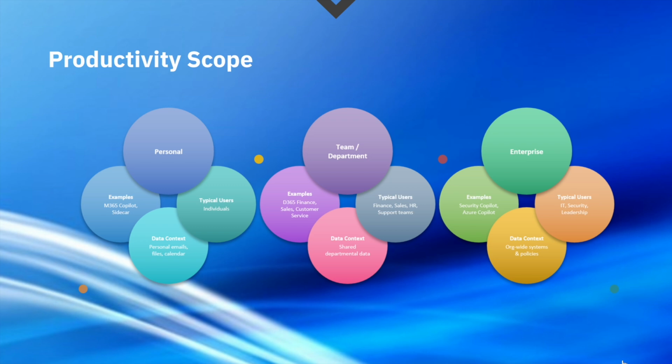And we have team and department related copilots, so you can use them for them as well. For example, the copilots embedded in D365 Finance, where you can send an AI generated email. You can see the Copilot summaries in there, which your team can use.